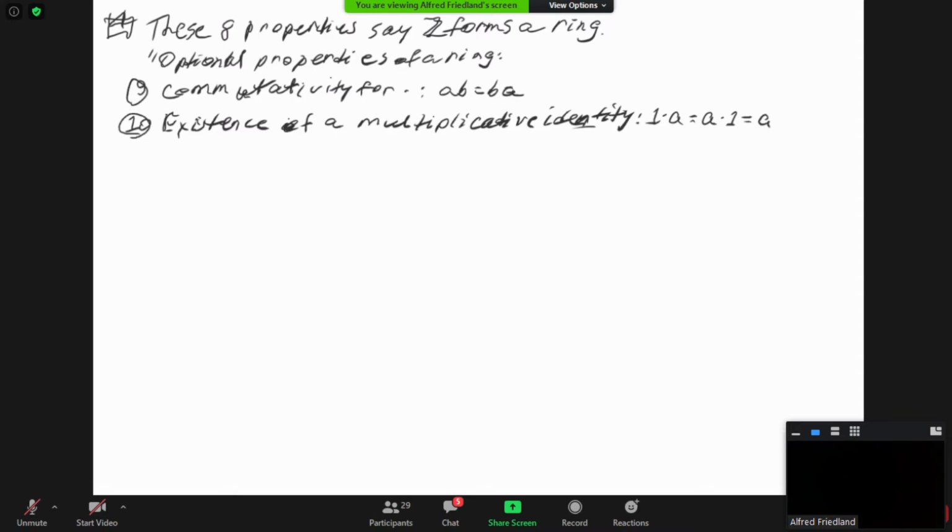So now, so far we have, if you have all this, you have a commutative ring with unity. Unity being the multiplicative identity.